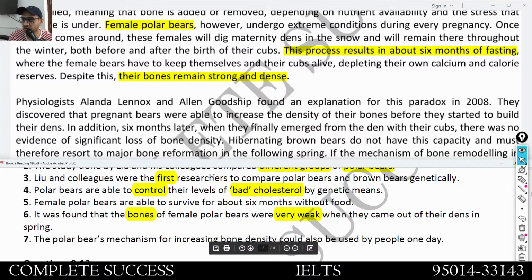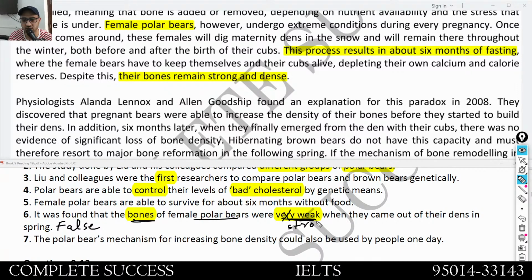So the answer of this question is false. Why is it false? Because the bones of the female polar bears are not weak. So they are strong and dense when they came out of their dens.